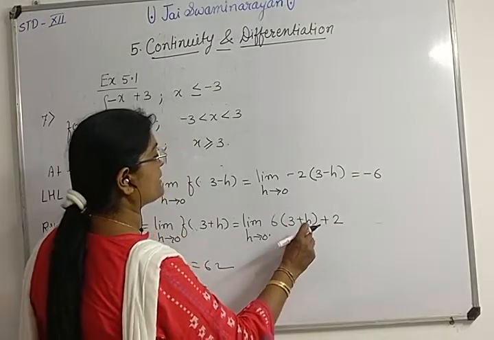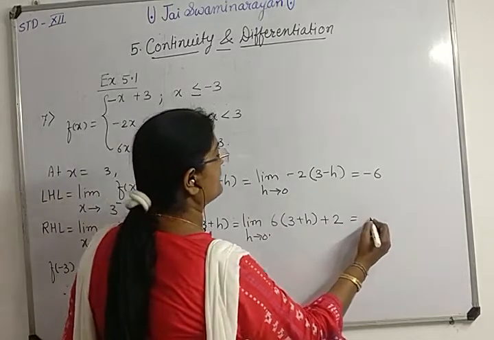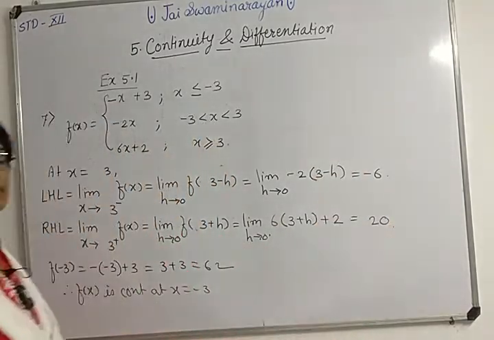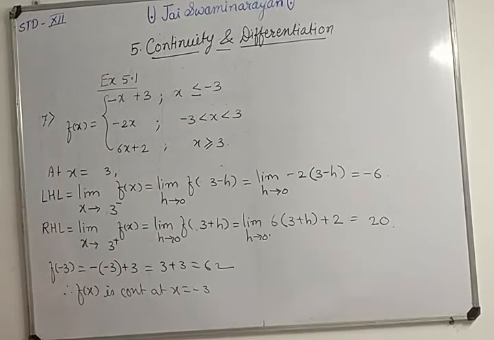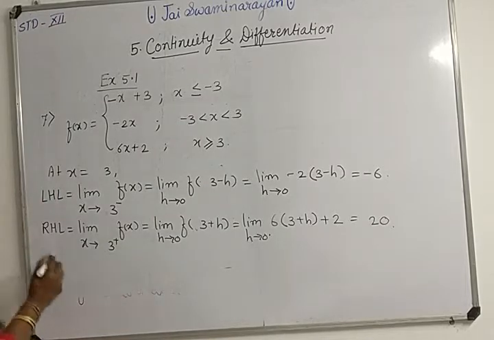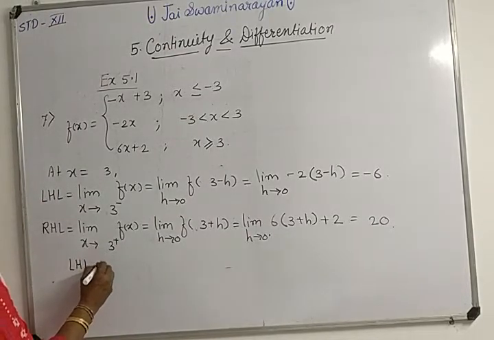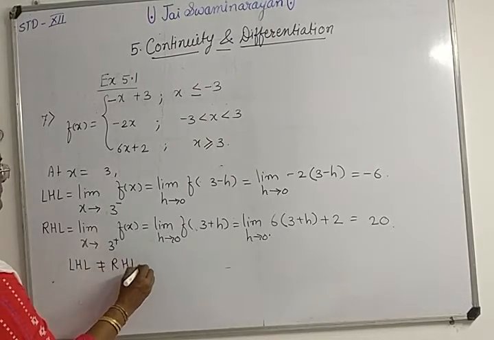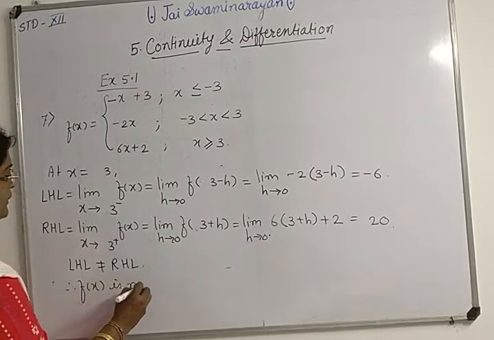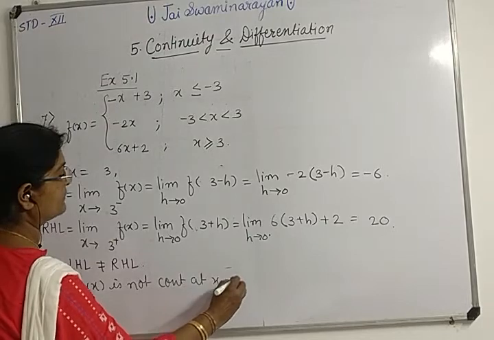Now put the value of h at 0, that is 6 threes are 18, 18 plus 2 is 20. So these two values are not equal and therefore it is not continuous, that is, LHL left hand limit is not equal to right hand limit and therefore f of x is not continuous at x equal to 3.